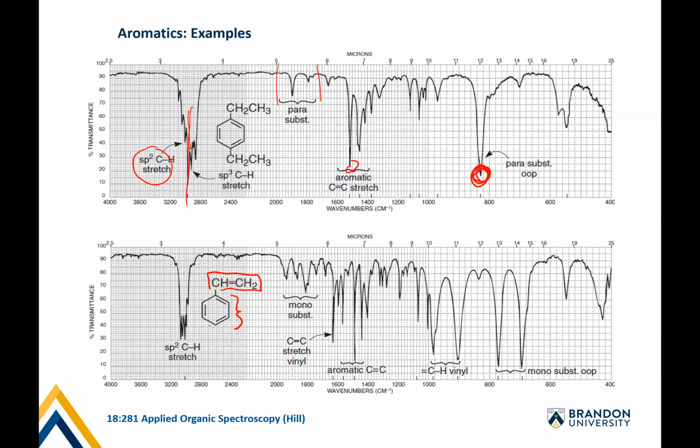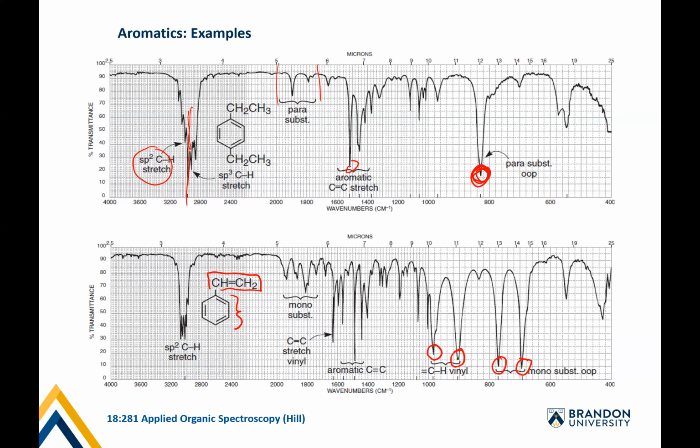So the fingerprint region can be quite confusing if you're not careful, I guess. These 2 peaks here correspond to the monosubstituted ring. These 2 peaks here correspond to the monosubstituted alkene. And there are some additional carbon-carbon stretches there.